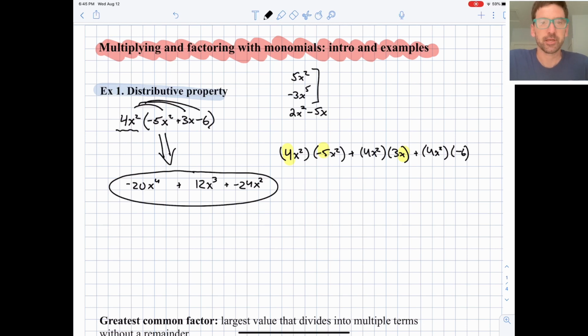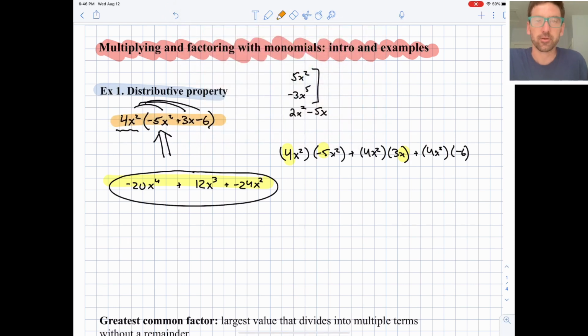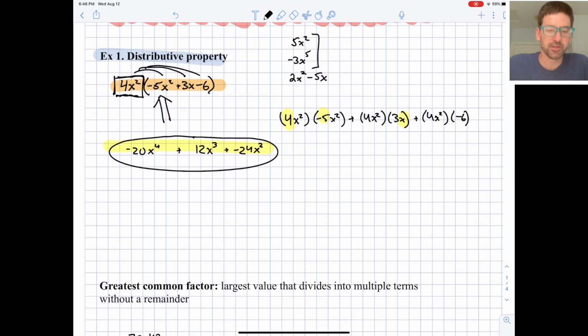Much of what we will be doing and much of the challenge of this unit is going in the other direction. If I were to give you this expression to have you be able to turn that yellow expression into that orange expression, that's the challenge, factoring, okay? And so in that case, we are pulling out this term by dividing it through each piece and essentially pulling it out front. That's what factoring is. Okay, so that's just a preview of the challenge.